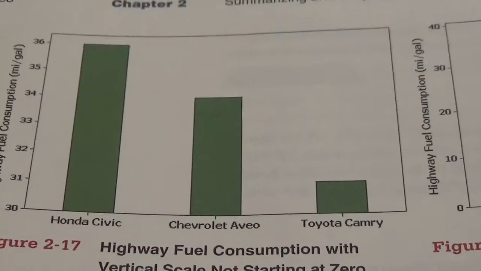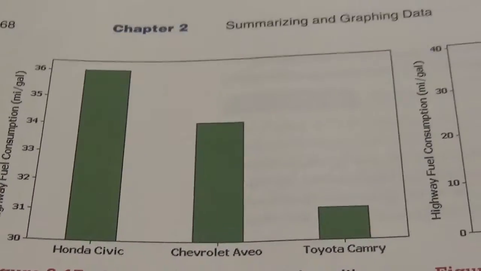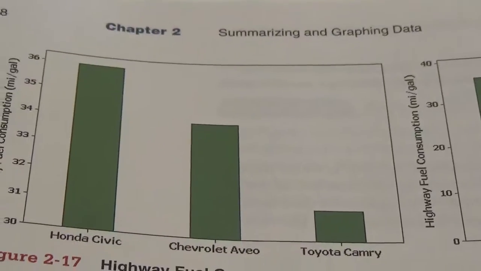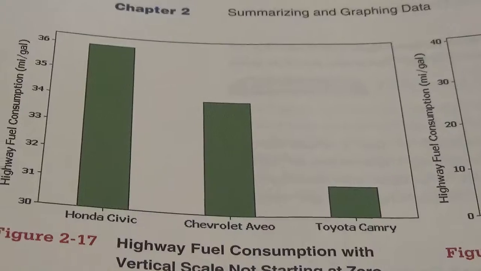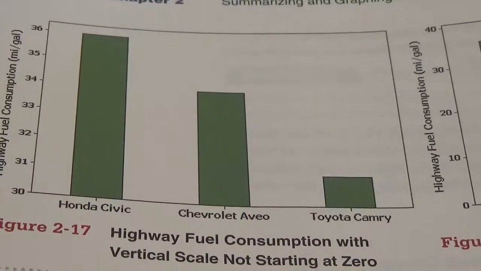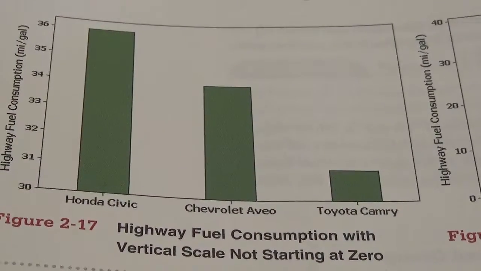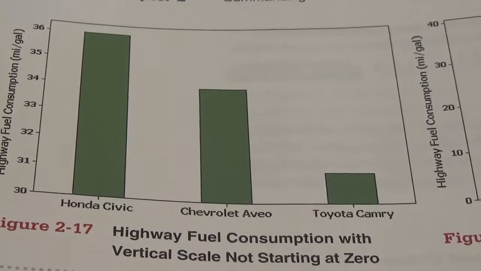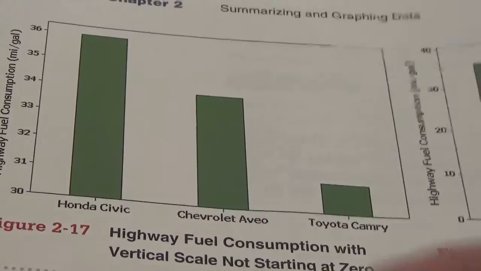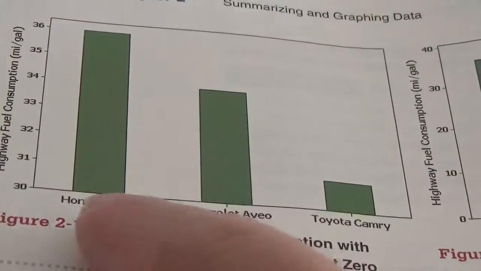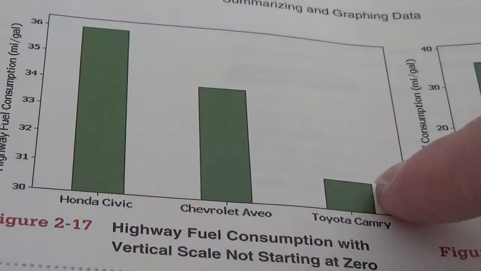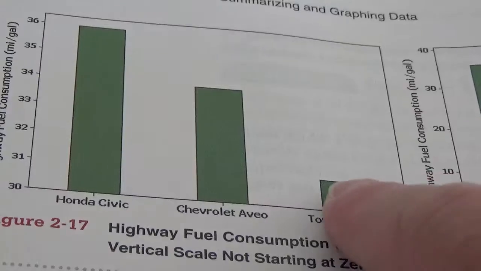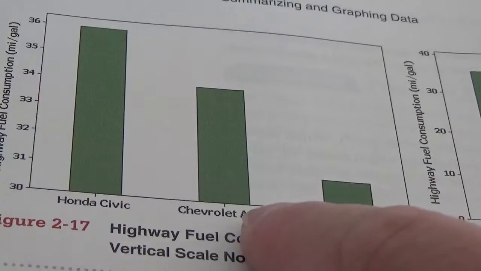It's comparing fuel consumption of these vehicles. This is miles per gallon up here, and this is each of the different vehicles. Toyota only gets just shy of 30, or about 31 miles per gallon.